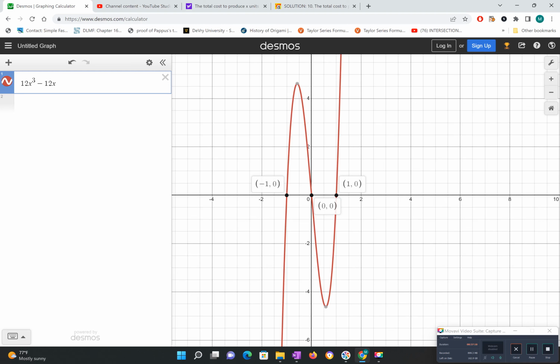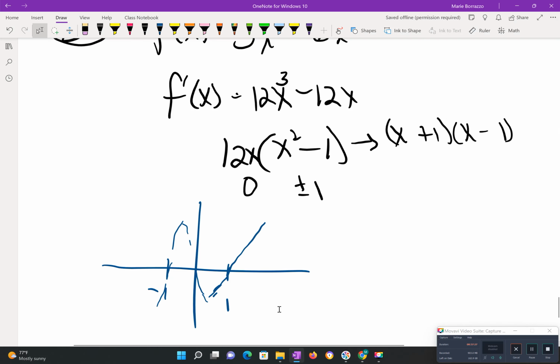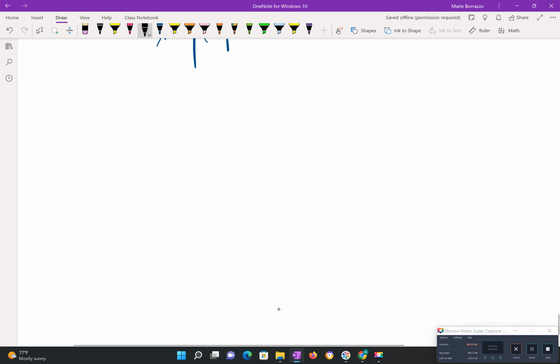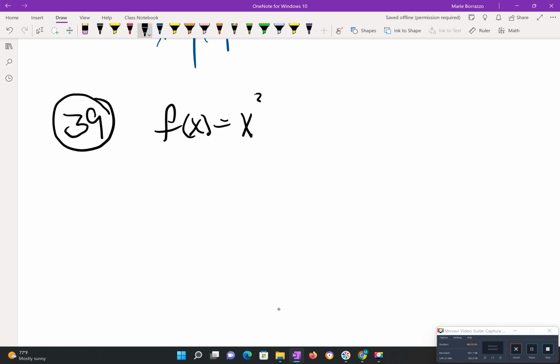Okay, next number is 39. Let's take a look at 39. So number 39, we have f of x is equal to x cubed plus 3x squared minus 24x plus 6. It says use the first derivative test to determine the local extrema.